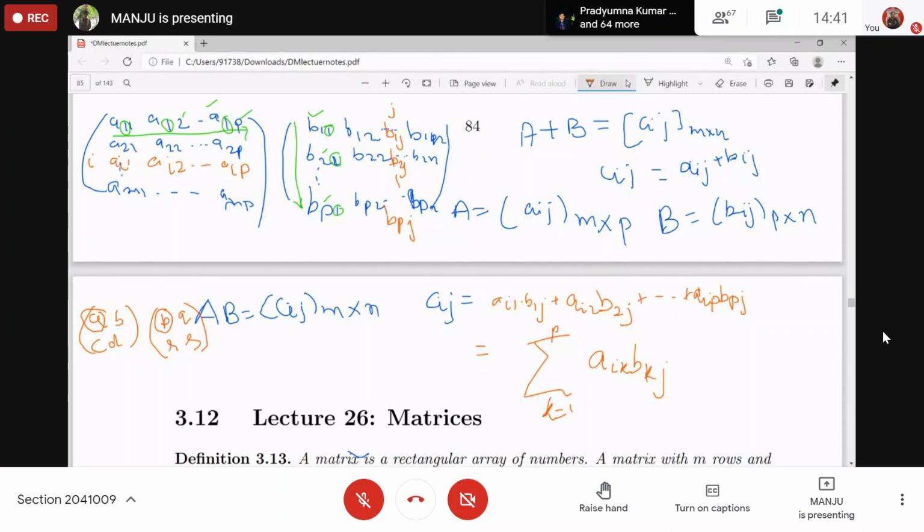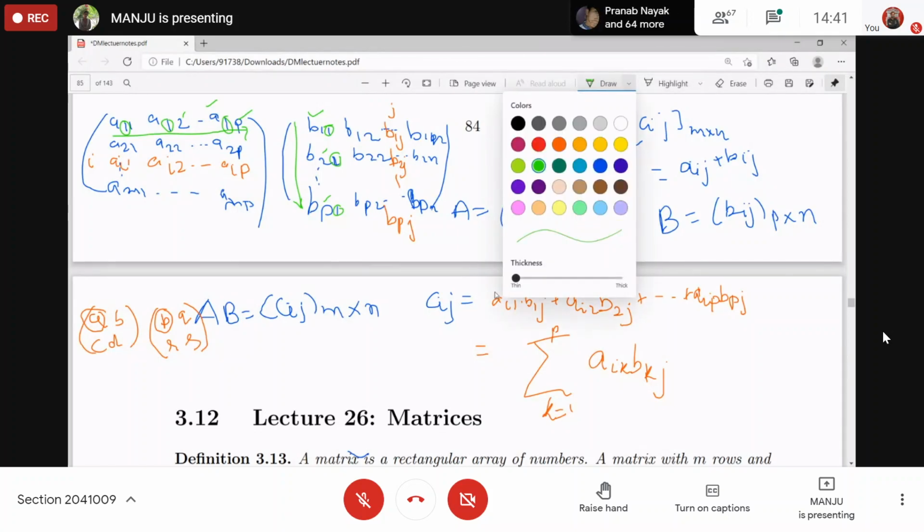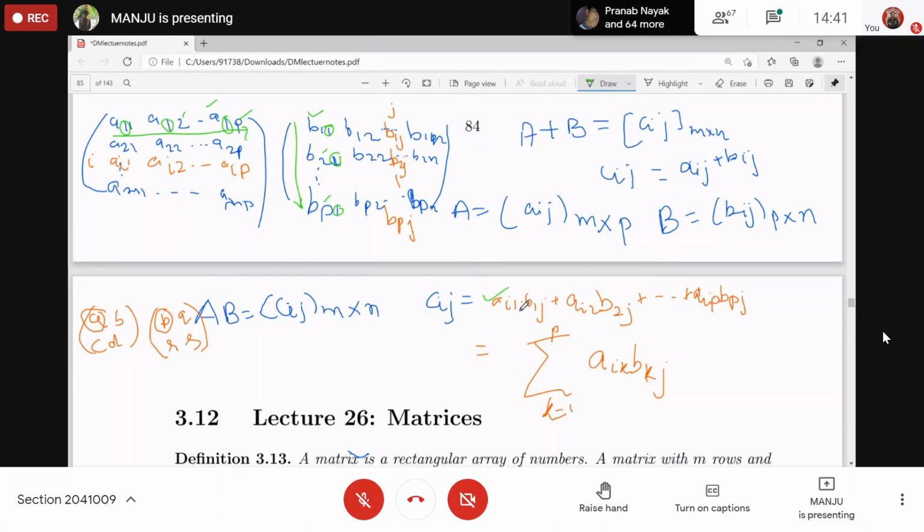So that's what I wrote here: the first element of the ith row of A with the first element of the jth column of the second matrix, and the second element in the ith row of A matrix is multiplied with the second element in the jth column of the second matrix, correct? Then plus, and so on, up to the pth element. Clear?